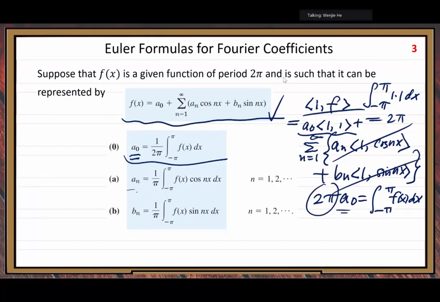For the other An, you do similar things. For An, you use cosine of nx to do the inner product with f.